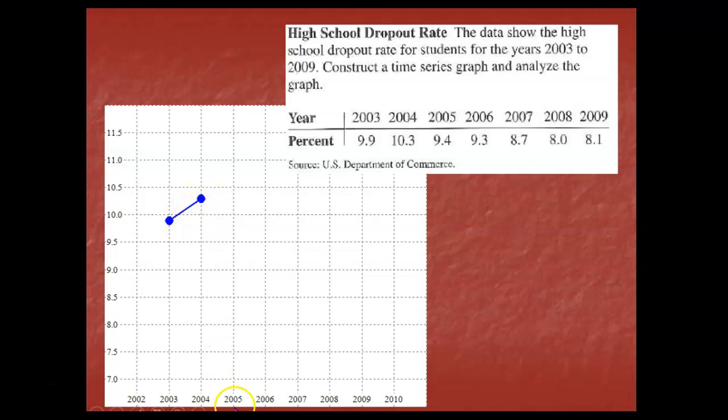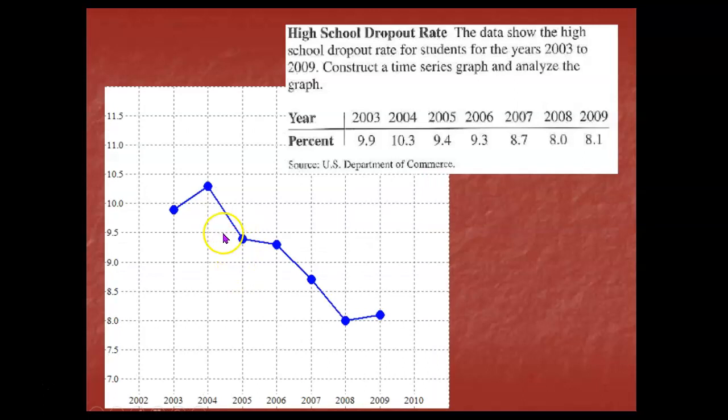Then the next data point would be, if we go up above 2005, up to a height of 9.4. And then put the rest of them in, and here's what it looks like. And so it looks like, for the most part, the high school dropout rate has been going down, but there have been a couple of years when it went up a bit compared to the previous year.